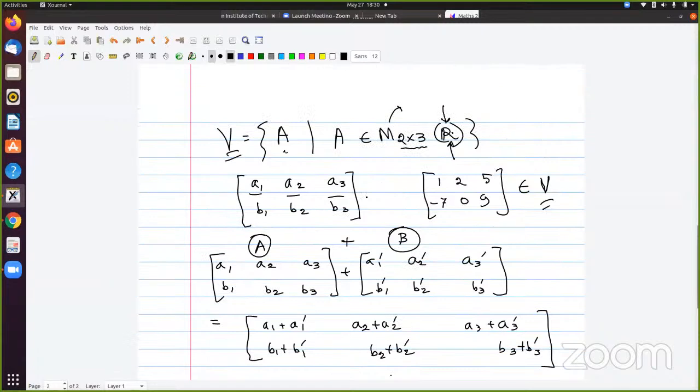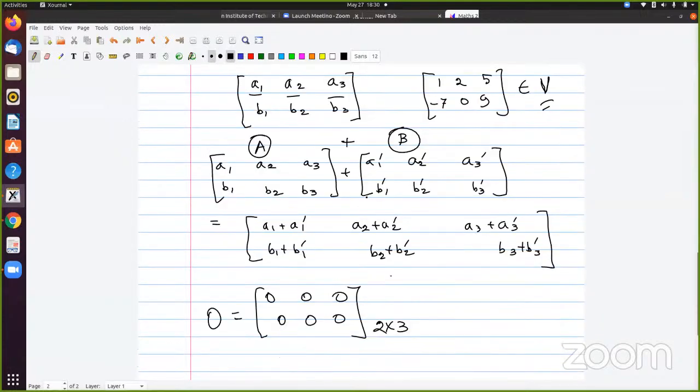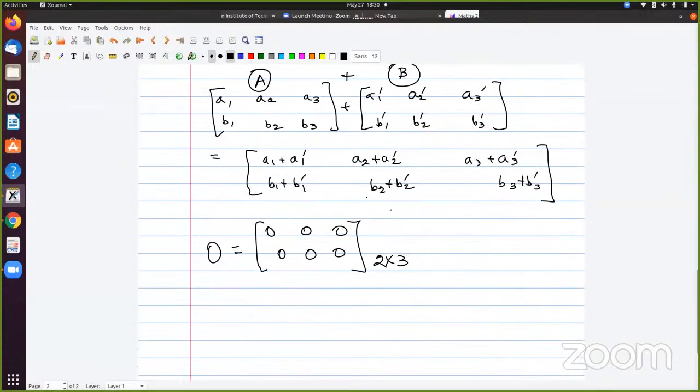So when we are talking about the vector space, how can we say that all the elements will be 0? For 0, you have to take any matrix, and add some other matrix which must be a 2 cross 3 matrix, and you will have to get the matrix back, right?